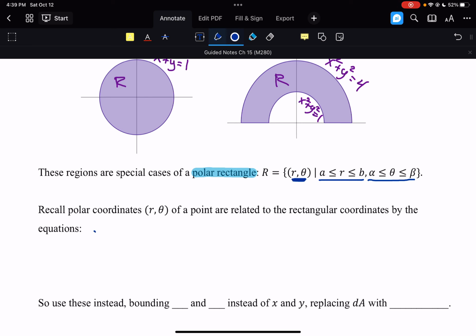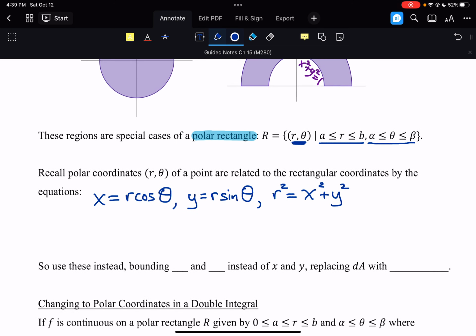We have x equals r cosine theta, y equals r sine theta, and r squared equals x squared plus y squared. So we can use these conversions to go between rectangular and polar coordinates.